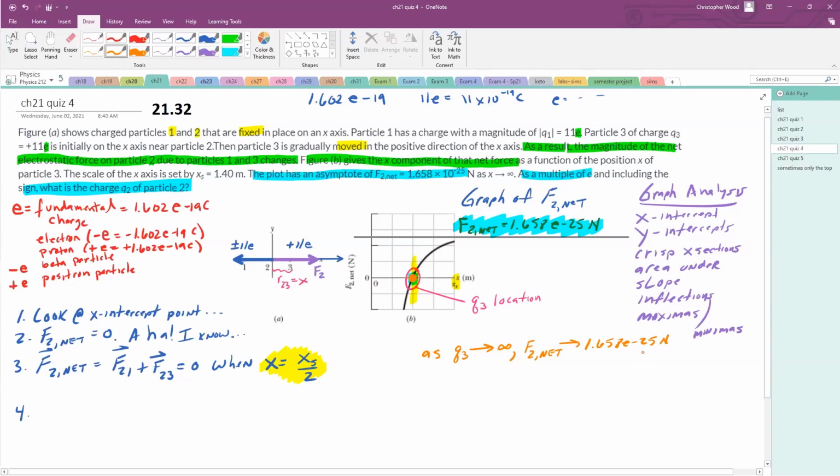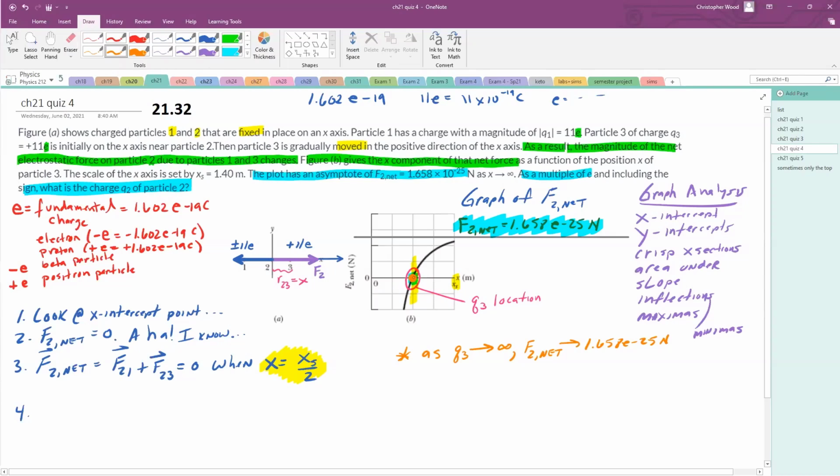So that means Q1 must be positive. And let me go through that again. Because this graph is showing what's happening as a function of Q3's position. So let me make sure I have this right.